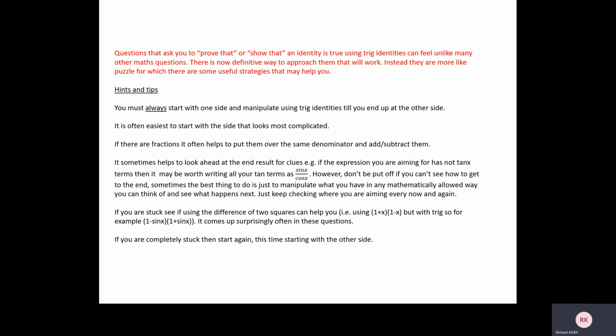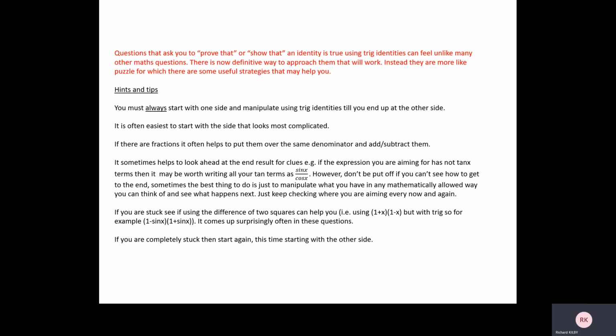Even though there's not a difference of two squares there, you can make it a difference of two squares by multiplying by that. And then on the bottom, you'd end up with sine squared minus 1. And what's sine squared minus 1? Cos squared. So that radically changes what that looks like by multiplying top and bottom by sine theta minus 1. So that's a trick that might come up.